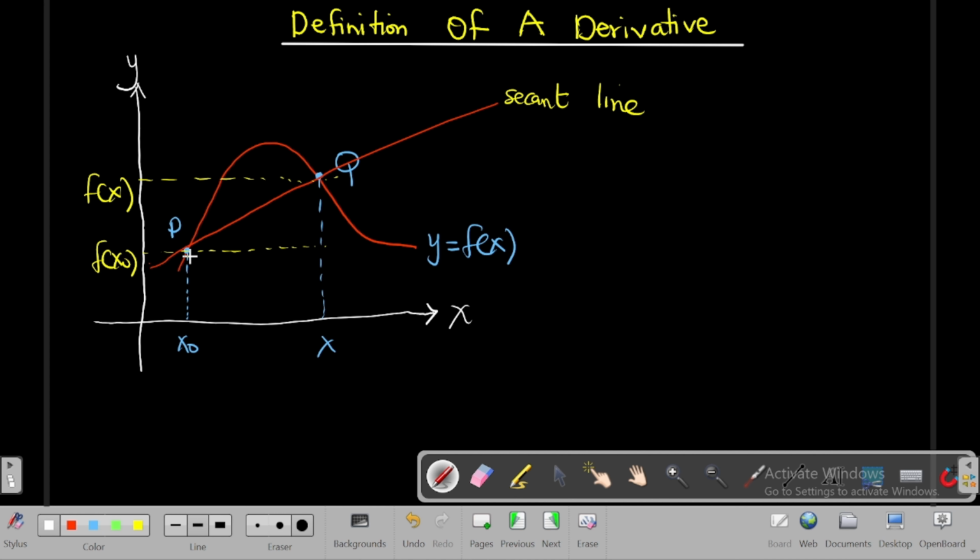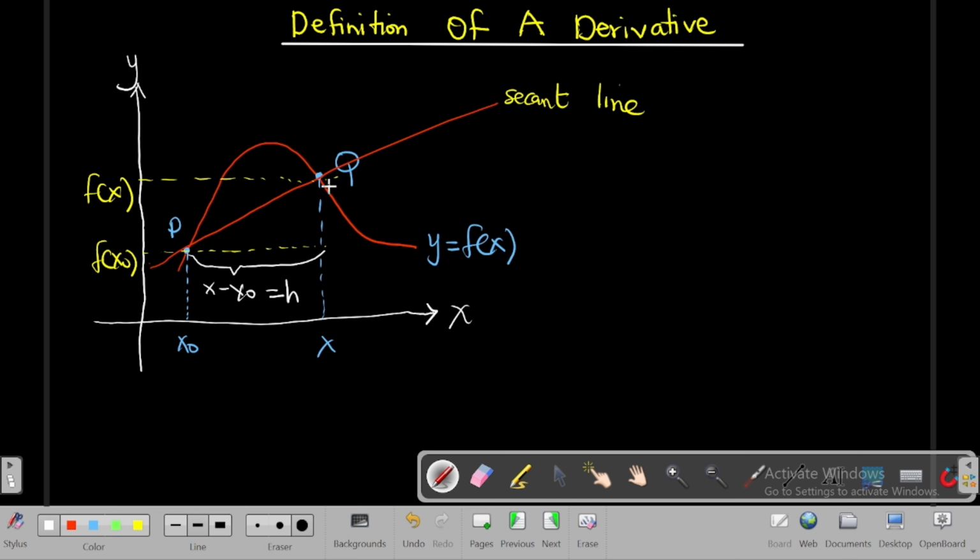All right, now you know that this side is the same as x minus x naught. Let's say this x minus x naught is equal to a variable h. The same applies to this section. When we want to find the difference between this point and this point on the y-axis, we'll have f of x minus f of x naught.